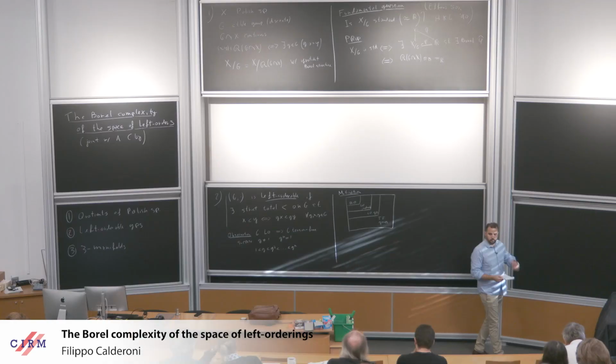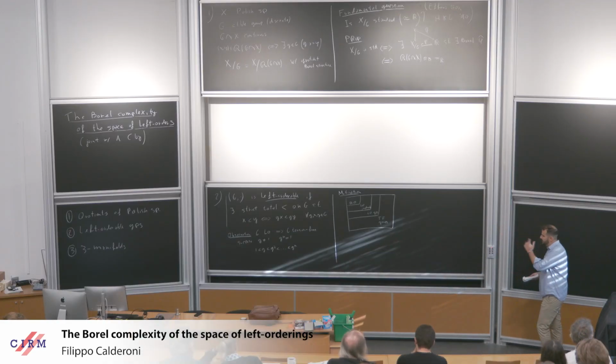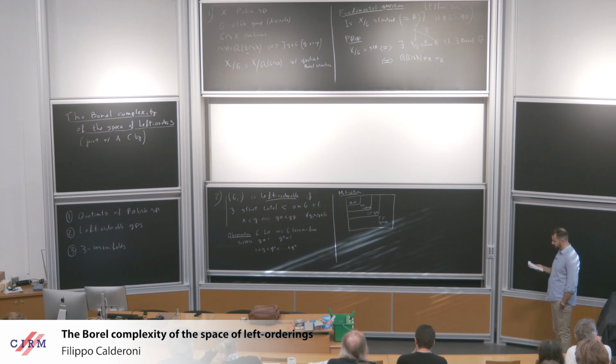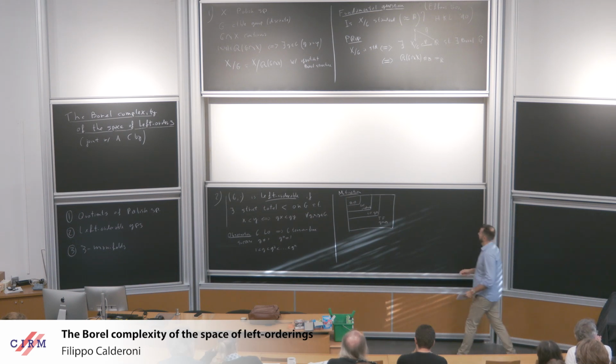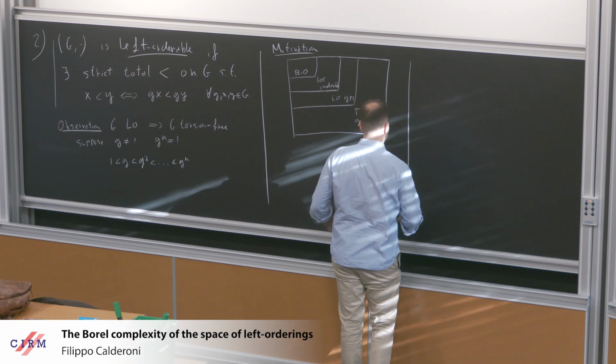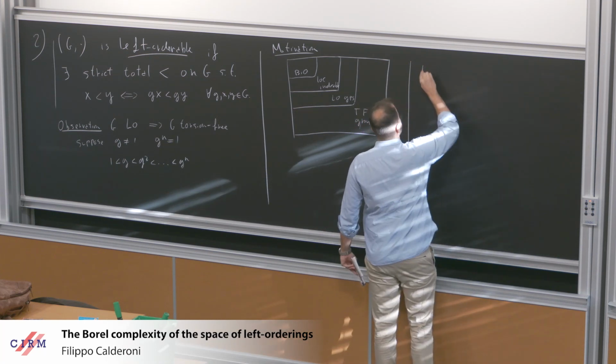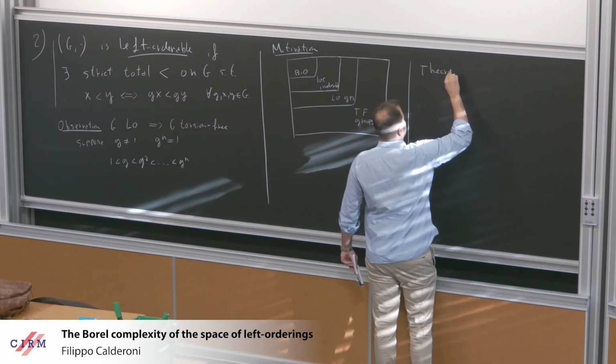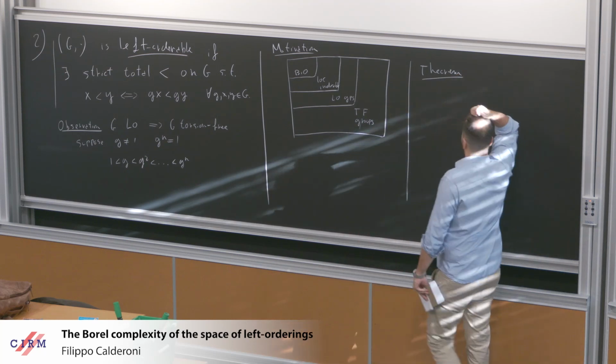There's a series of cool theorems that talk about left-orderable groups in terms of automorphism groups. And one that I like to mention is this theorem. It's actually not very old.